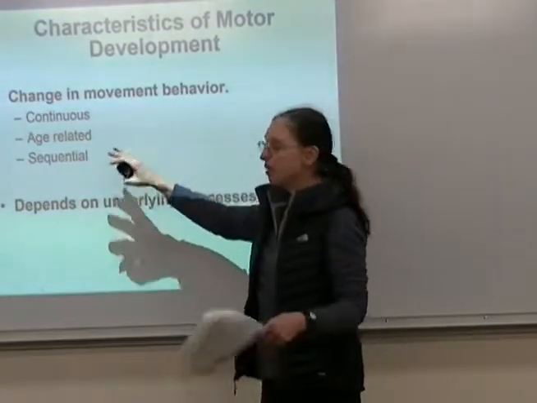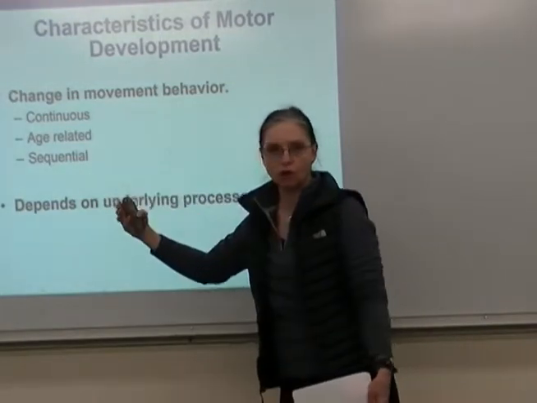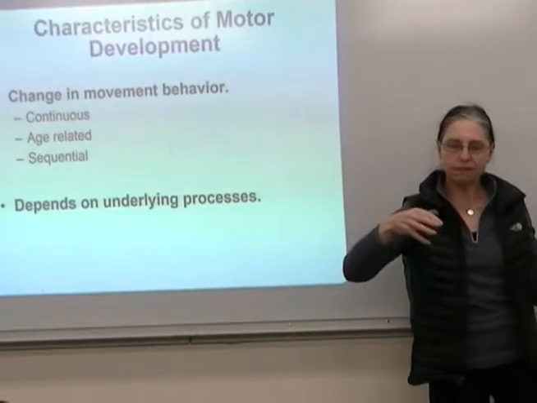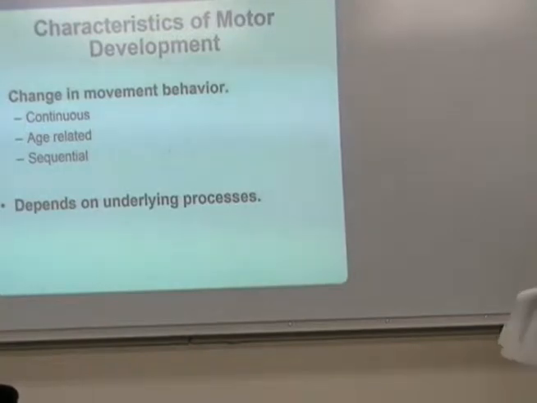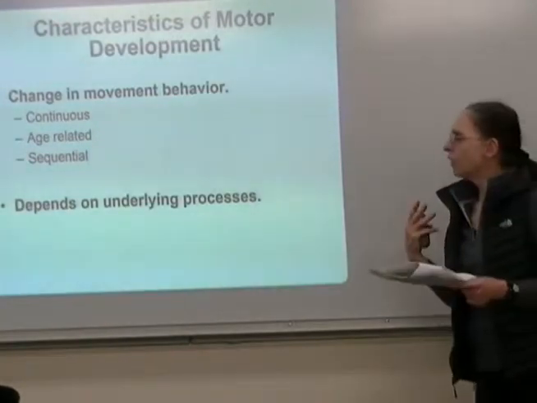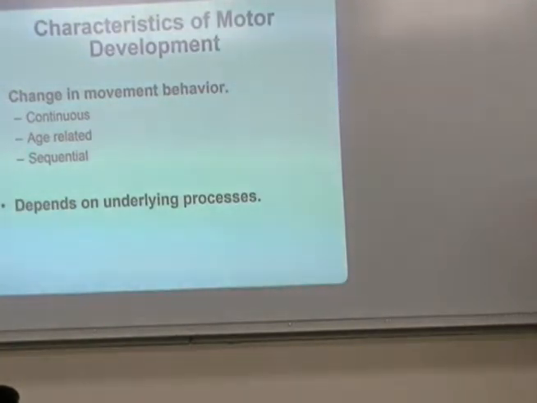Right? So we've got various different versions of sequences, both within the skill itself and between skills. And the behaviors that we see, the changes that we observe, depend upon some underlying processes that we want to understand and study and look at.